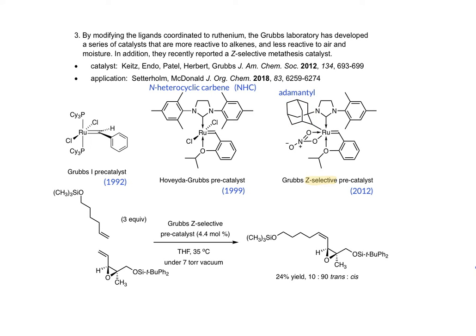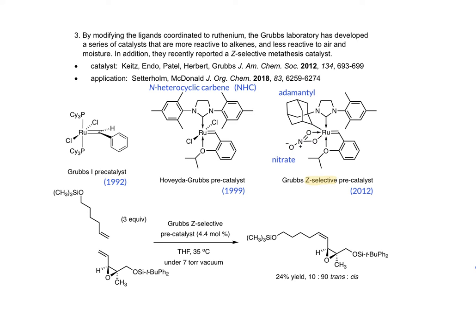And then the second chloride ligand is replaced by a nitrate anion, in which two of the oxygens of the nitrate will coordinate to ruthenium.